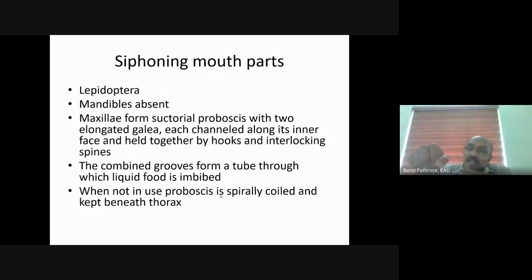That means the proboscis of the butterfly should be elongate to reach the base of the flower to take the nectar. After the feeding is over, the proboscis will be spirally coiled and kept beneath the thorax.